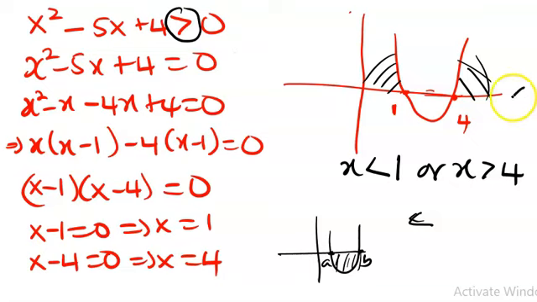This is the x-axis. That's why we choose this. And if the inequality sign is less than, then the solution is going to be below the x-axis. So that's why we have this solution. Because it was greater than, the solution will be above the x-axis. As simple as that.